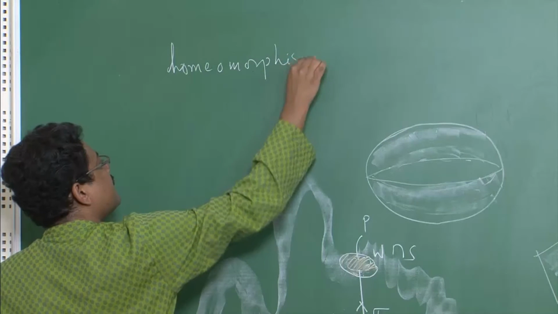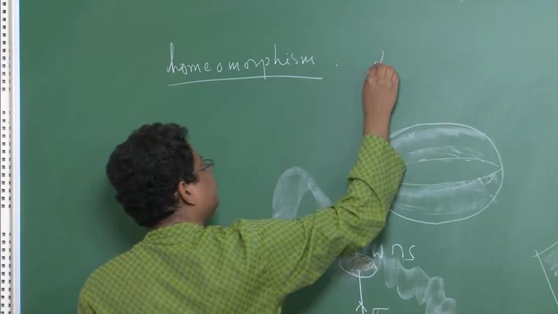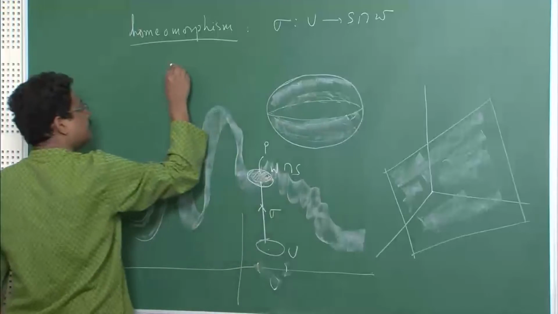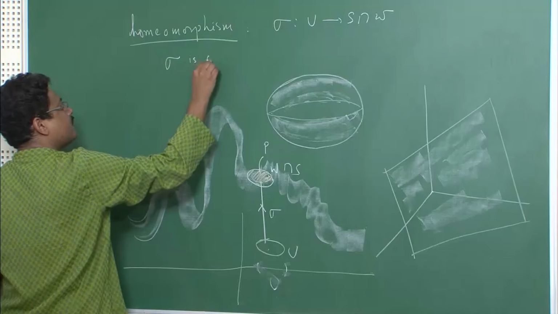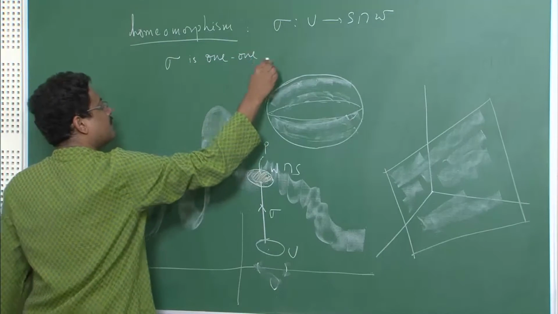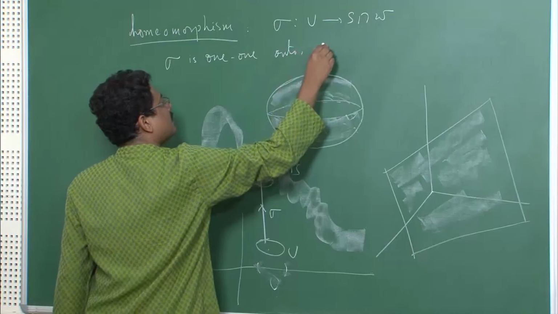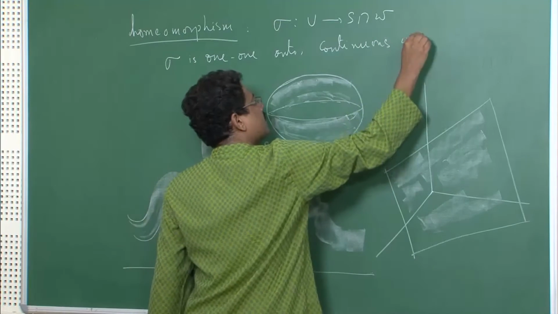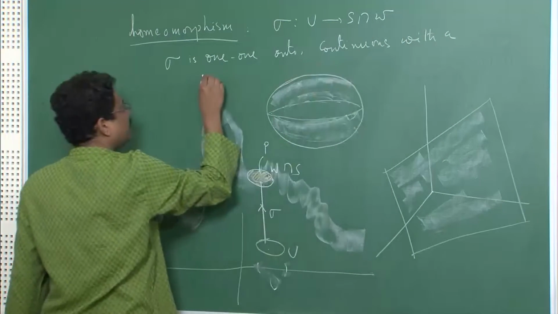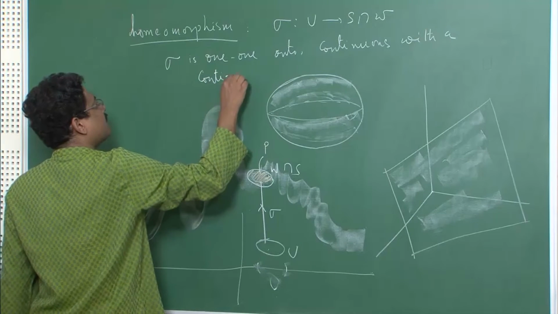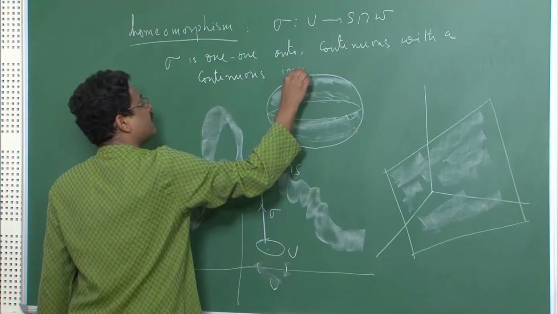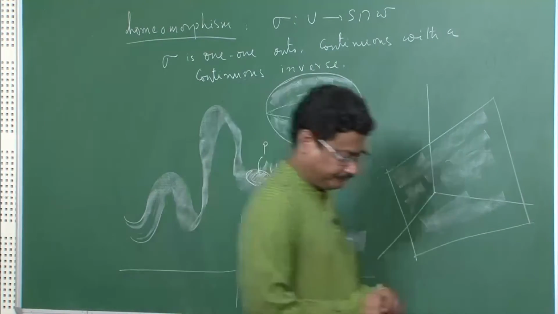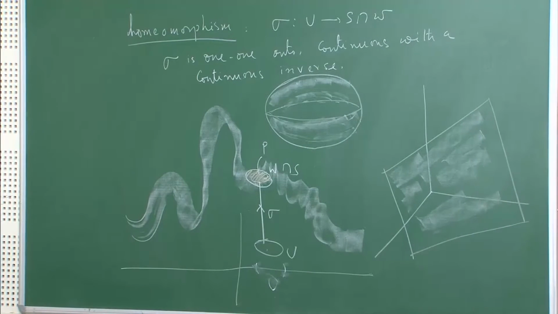Homeomorphism between two open sets means sigma is 1-1, onto, continuous, with a continuous inverse. Such a thing we will be calling a surface.